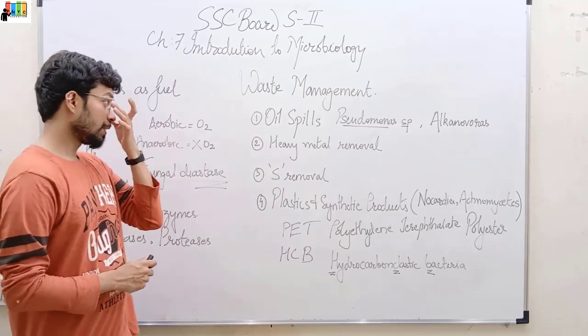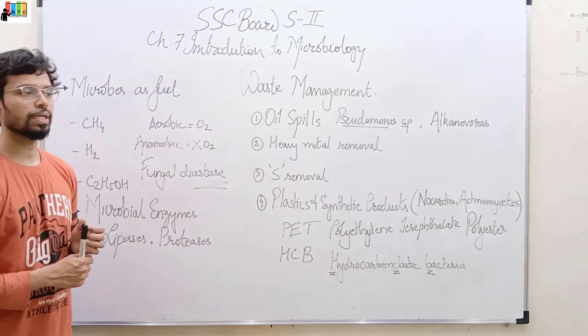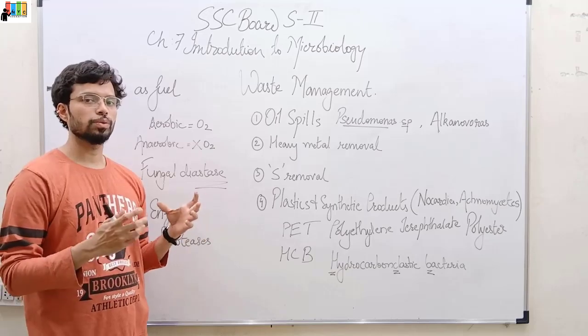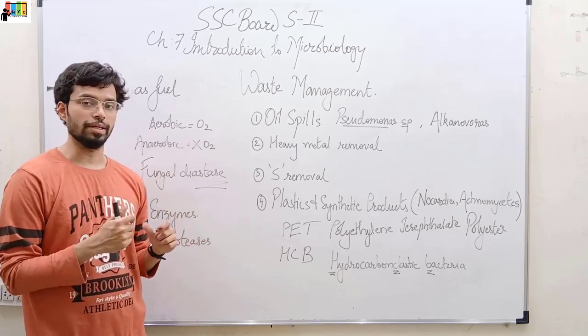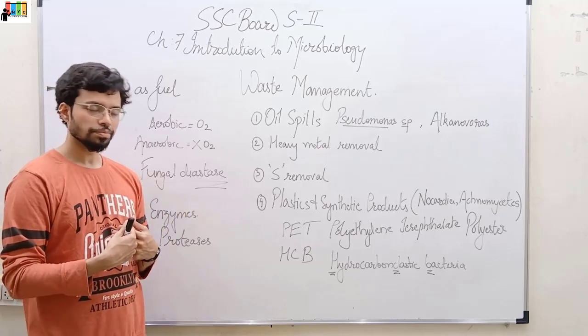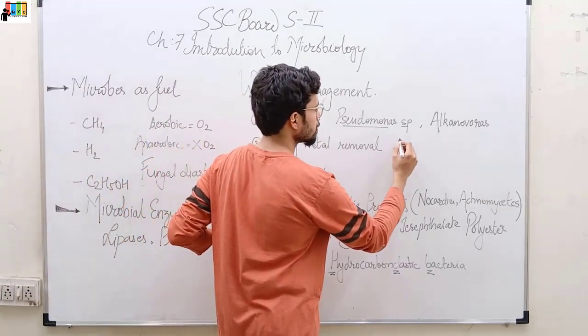Then our second point is heavy metal removal. A lot of bacteria have the ability to quench or to chelate certain metal ions. What do I mean by these two terms? It is you sequester them. So when you have got heavy metals, tell me for example of heavy metals if you can.